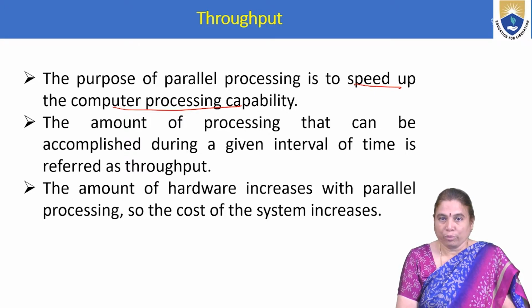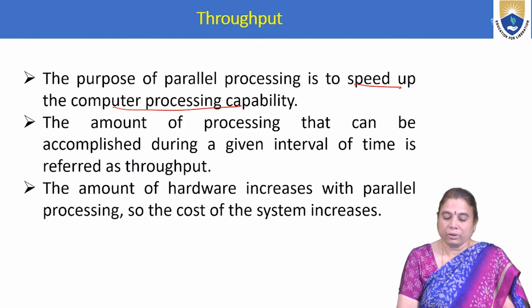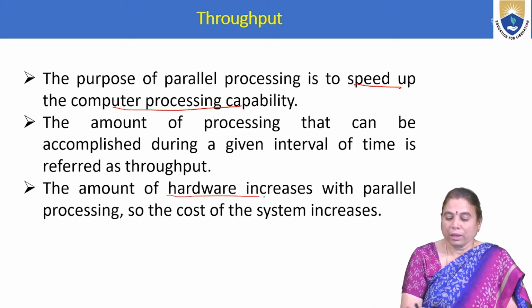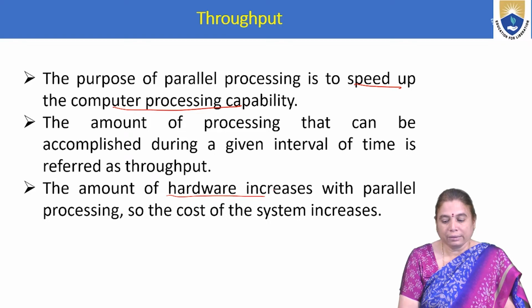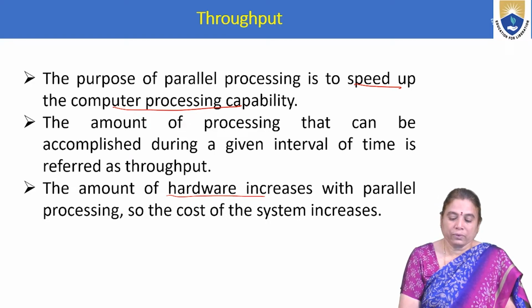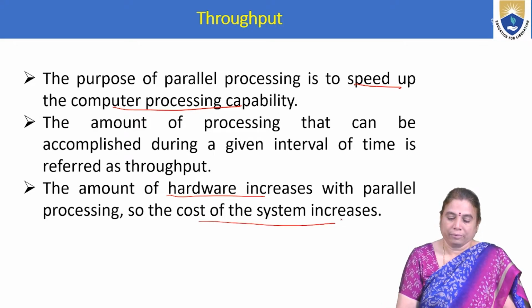If the throughput is increased, the response time and the performance of the system can be improved. To support this parallel processing, special hardware components are needed. So, the amount of hardware increases with parallel processing, which results in the cost of the system also increasing.